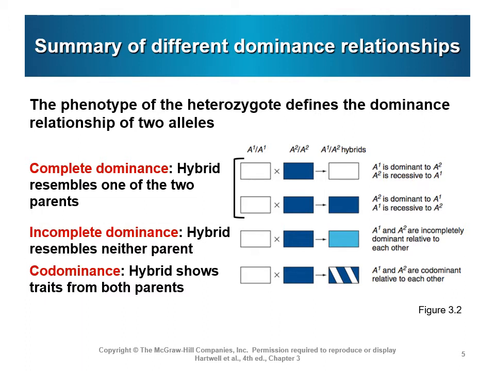In the case of incomplete dominance, we have A1 and A2 alleles. However, the offspring has a completely different phenotype, neither A1 nor A2. In the case of codominance, the hybrid shows traits from both parents, which means it carries A1 and expresses both A1 and A2 phenotypes.